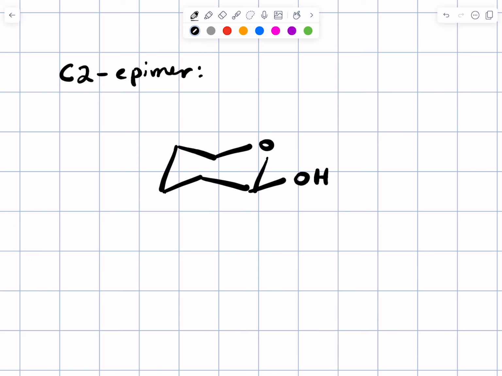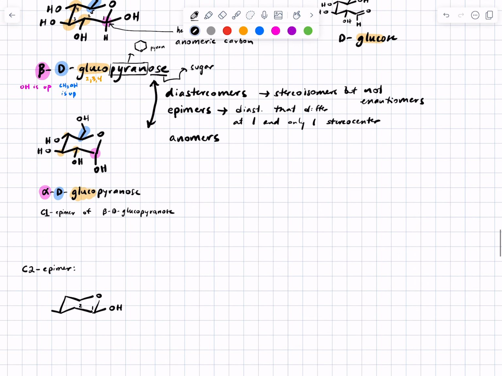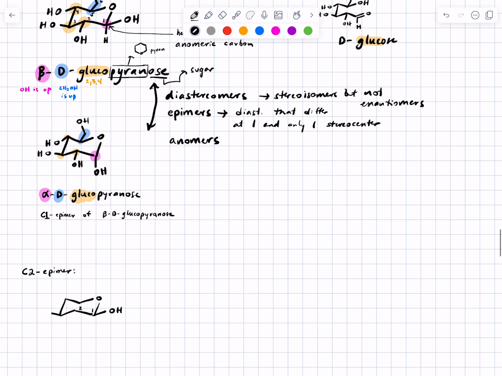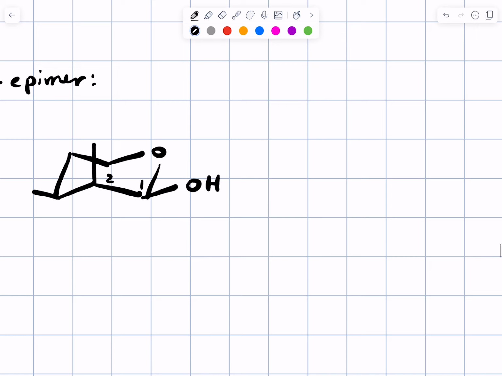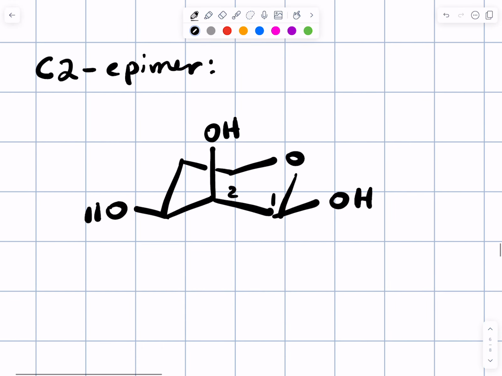We'll keep the OH in the beta position. The C2 epimer means that instead of at carbon 2 with glucose, we had equatorial down OH group, now we're going to have an axial up OH group. Everything else is going to stay the same.